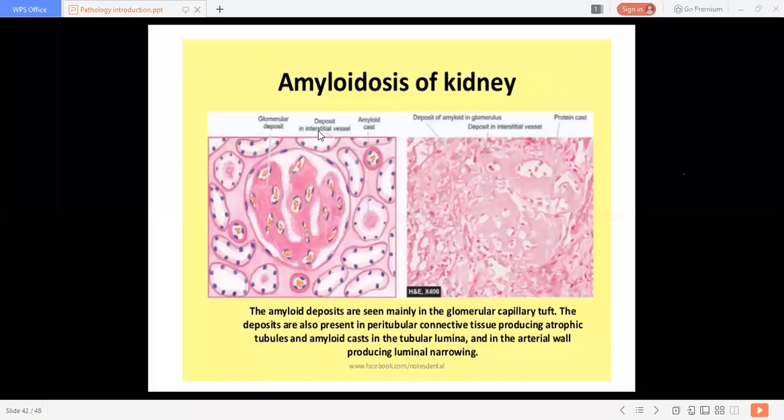What is the reason for this activation of plasma cells?